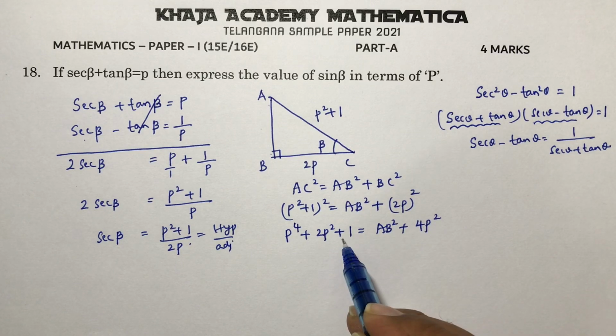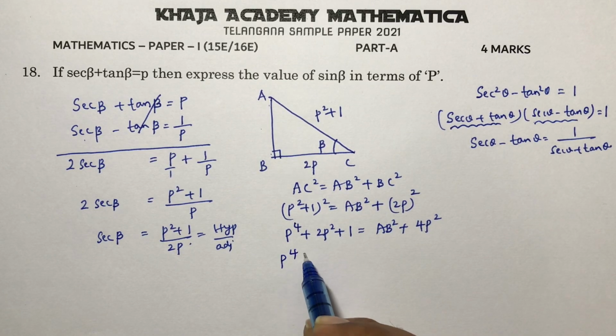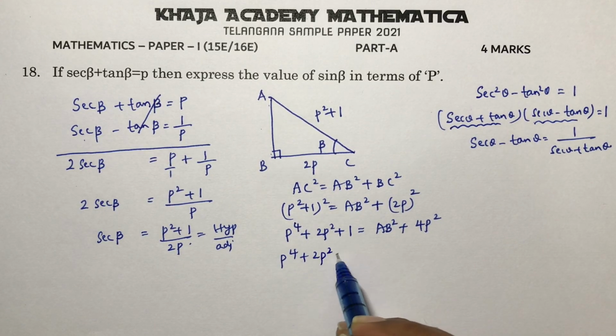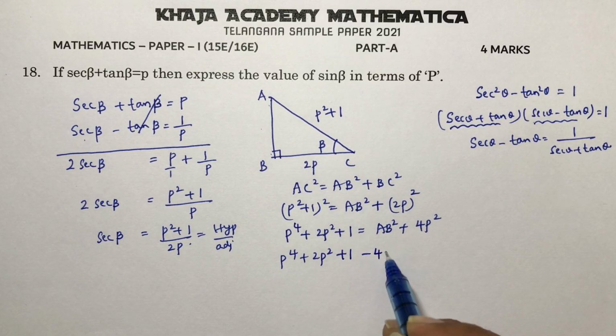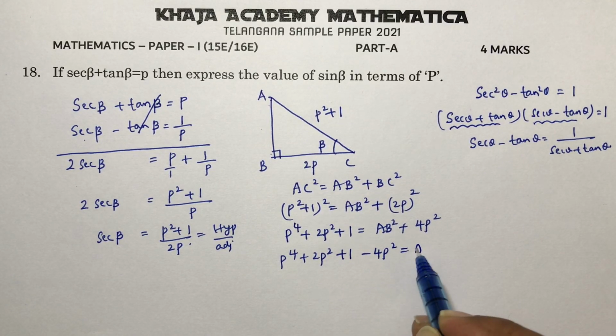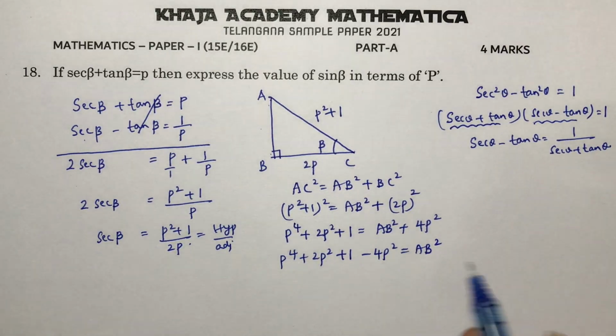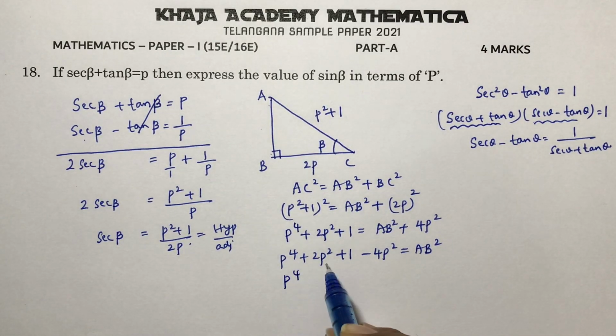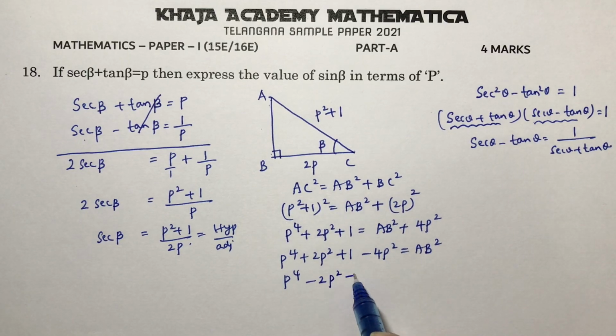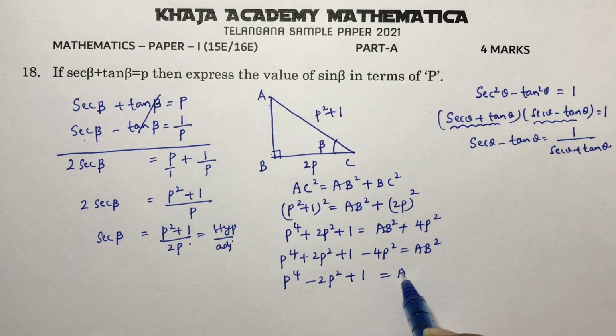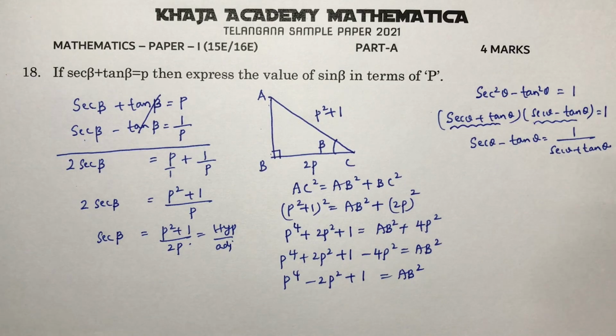Now if I transpose this over here, p power 4 plus 2p square plus 1 minus 4p square equals AB square. P power 4 plus 2p square minus 4p square is minus 2p square plus 1 equals AB square.